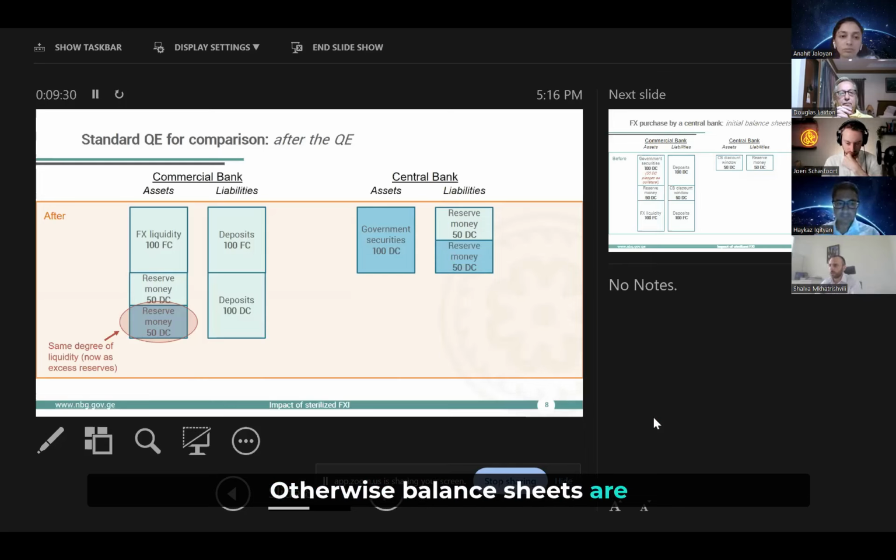Otherwise, the balance sheet of the commercial bank is the same, which means that QE can only have a meaningful effect on term premium, because now we are essentially forcing the bank to think about whether a short-term interest rate is better for its risk management practices or a long-term interest rate is better.